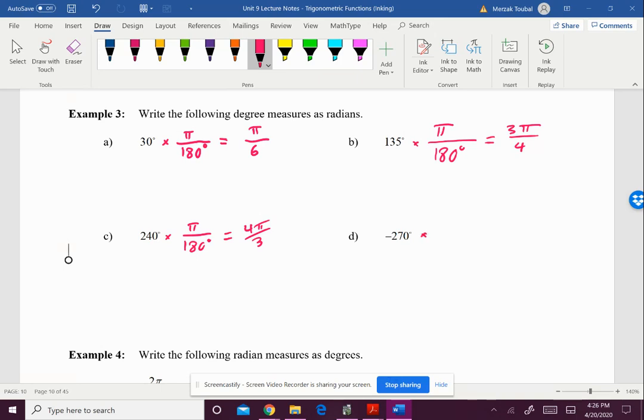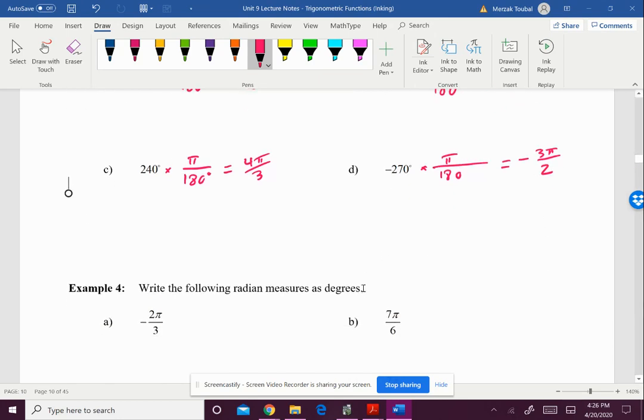Make sure we don't forget that negative. So multiplied by pi radian divided by 180 again. So 270 divided by 180 simplifies to 3 over 2. And don't forget the negative: negative 3 pi over 2. 2, not 8.